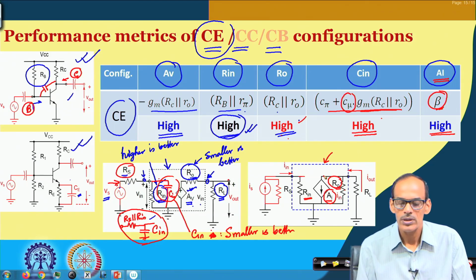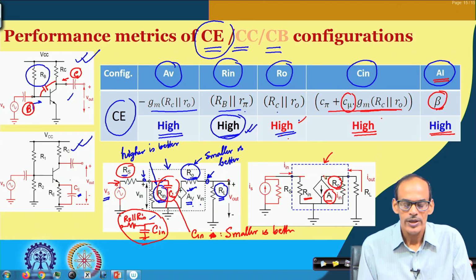So, depending on what configuration we are looking for, we may say whether some parameter being high or low is good or bad. It is very subjective. So, while we will be discussing the mixing of different configurations, we shall keep the main focus on voltage mode amplifier, and based on that we may see how different configurations are getting mixed up.